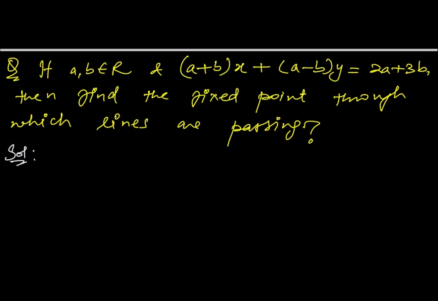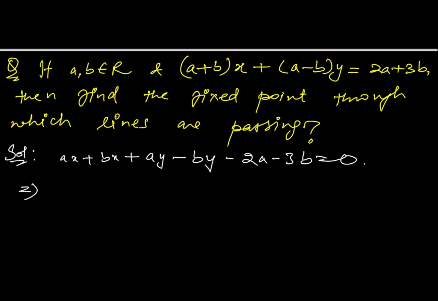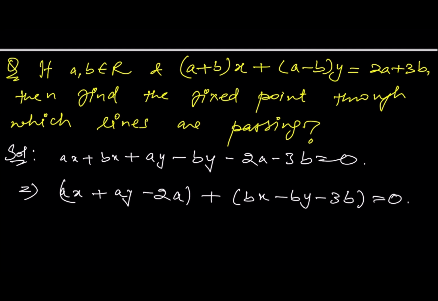So I write this as ax plus bx plus ay minus by minus 2a minus 3b is equal to 0, and then ax plus ay minus 2a in one bracket and bx minus by minus 3b in the other bracket.